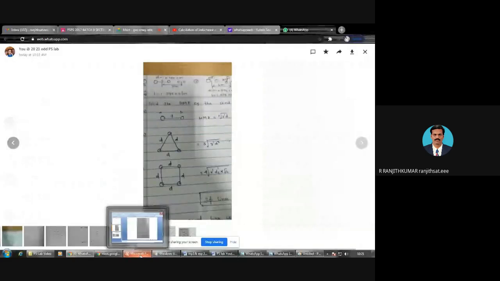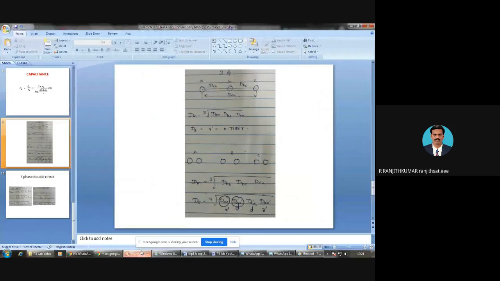Yes, tell me, Kanna, someone has asked me something. Ma'am, the diameter of the conductor is not given. See, it is like the previous problem, the radius is given as 1 centimeter.